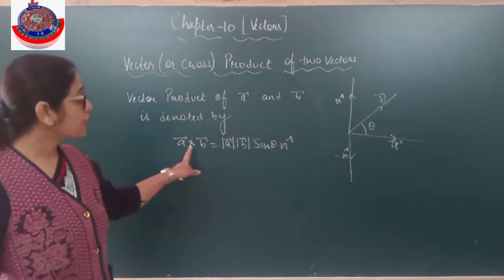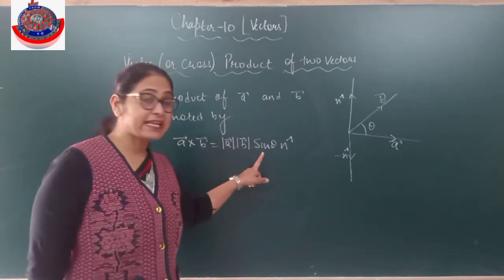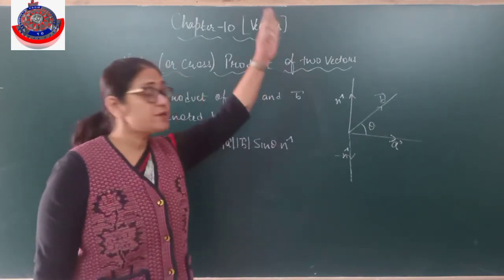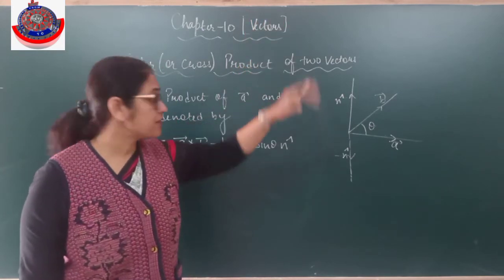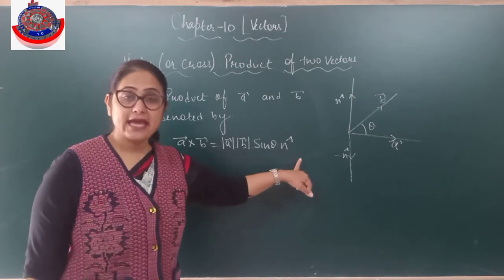Because A cross B is a vector quantity, it is magnitude of A, magnitude of B into sine theta, and a mutually perpendicular unit vector along A and B, that is n cap.